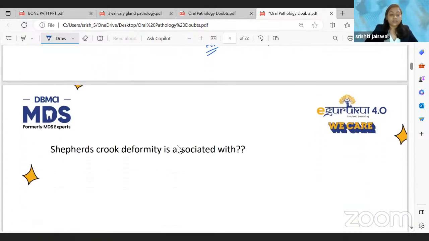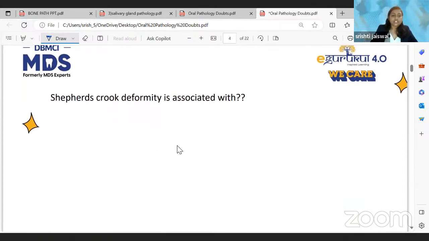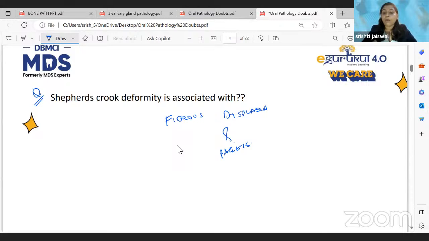Okay. Now, the second question: Shepherd's crook deformity is associated with? Do not get confused between fibrous dysplasia and Paget's. Here, the Shepherd's crook deformity is classically shown by polyostotic fibrous dysplasia.